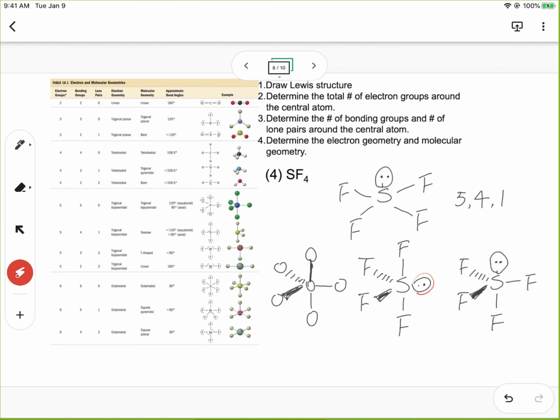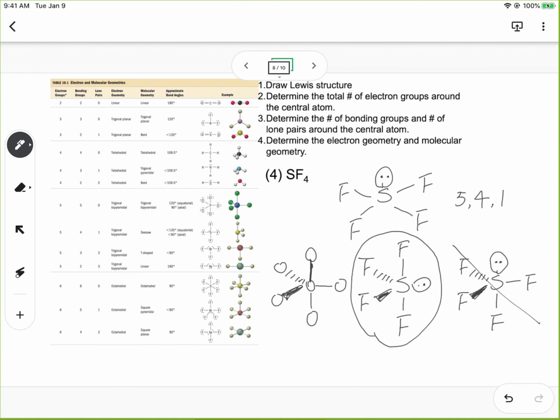Here, with this lone pair, you have two 90 degree, two 90 degree, and then two 120, right? Now, because those four fluorines want to stay away from this lone pair as much as they can, the fewer 90 degree angles you have, the better the structure. That means this is the right structure for scissor geometry, and this is not correct.